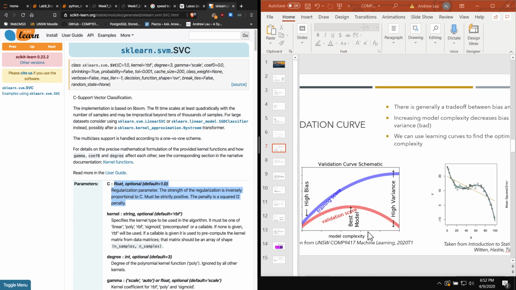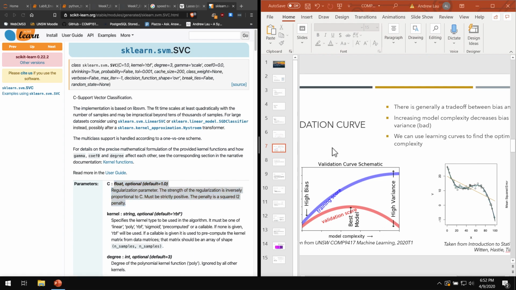So as you increase the model complexity, your C goes down, because you're regularizing less. So this validation curve, you're using it to try and find the best level of model complexity. And of course, each model will have its own ways of thinking about model complexity.